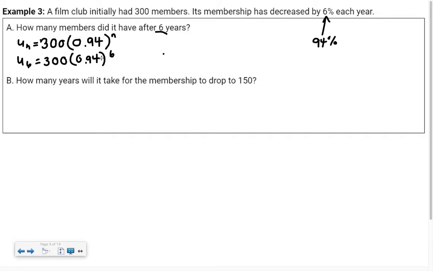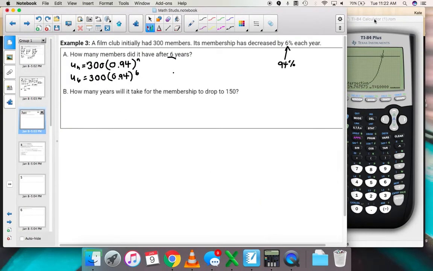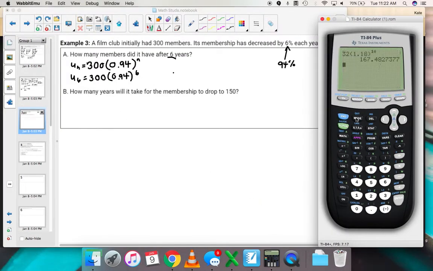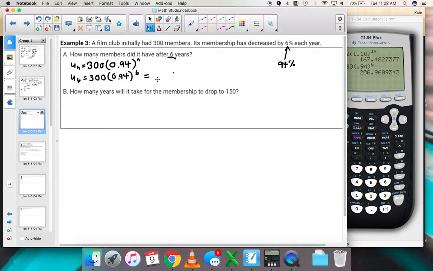And we can plug that right into our calculator here. And that gives me 206.96 members, but you can't have 0.96 of a member of a film club.